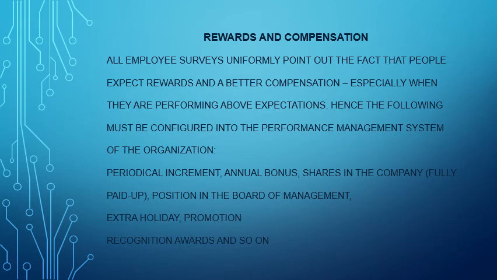That means stock should be allocated to the employees, position in the board of management as executive director or any other director, additional director, such kind, extra holiday, promotion, recognition, awards, and so on.